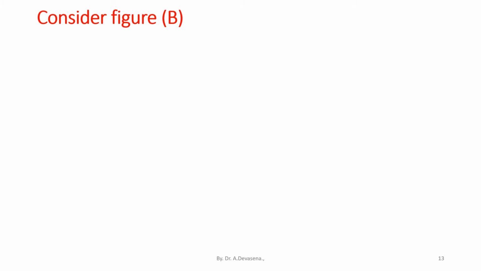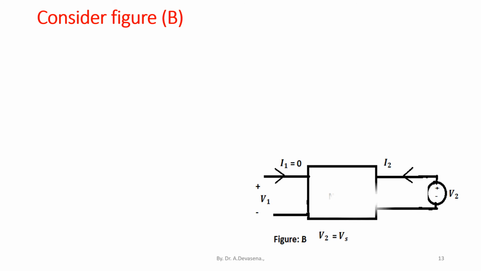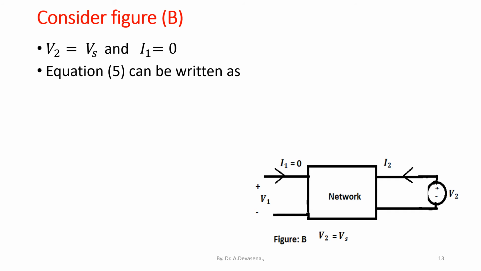Now consider figure B. Here we have considered V2 is equal to Vs and I1 is equal to 0. Equation 5 can be written as 0 is equal to Y11 V1 plus Y12 Vs. Consider this as equation 10.